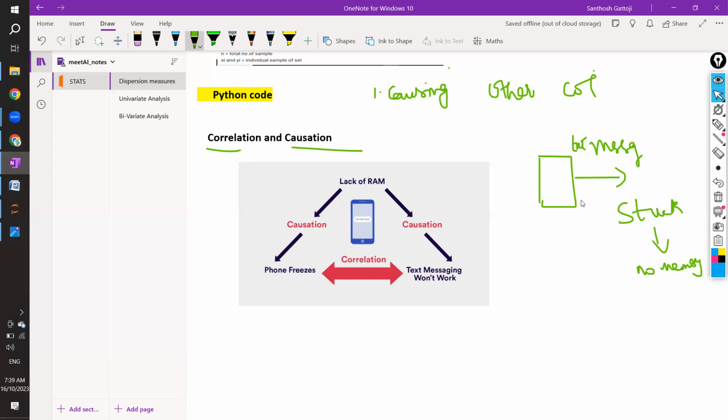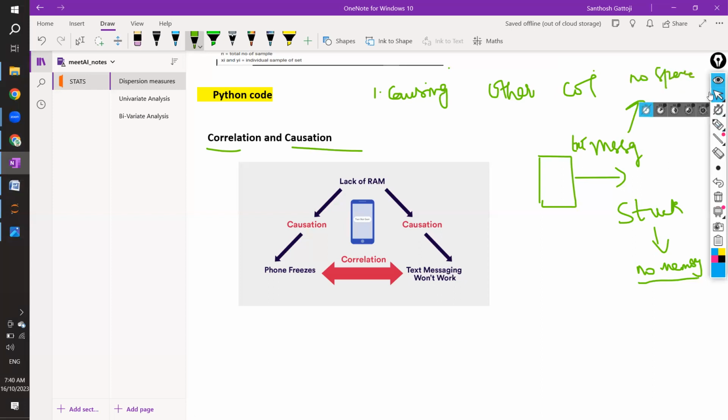The actual reason over here is what? The no memory is the reason. So what is causing the text message to not be sent? The thing causing it here is no memory, that means lack of memory, no space. Because if there is no space, obviously you cannot send a text message.